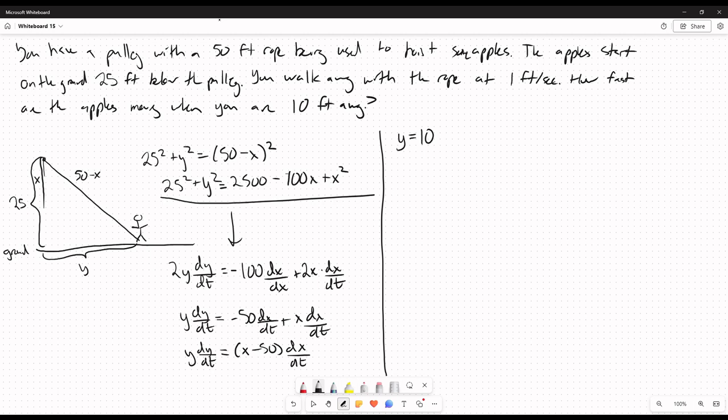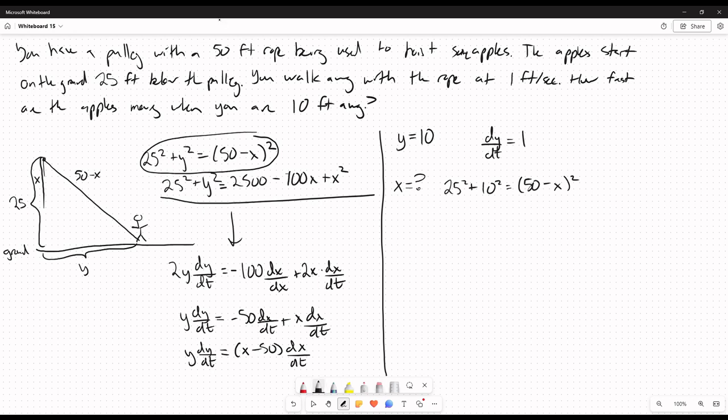We know the change in y, dy/dt, just equals 1. x is going to be a little harder to solve for, but we do have a formula relating x and y. We have that 25 squared plus 10 squared equals (50 minus x) squared.